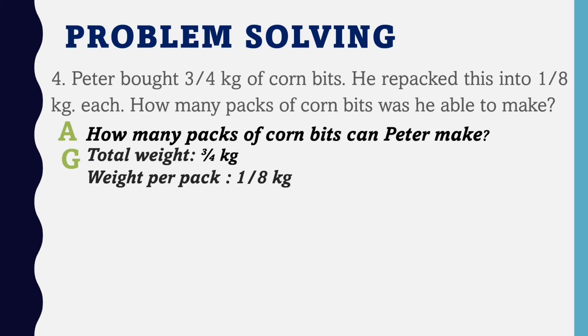For the given, the total weight is 3/4 kilogram, and the weight per pack is 1/8. Of course, our operation here is division because we are going to divide the corn beets into different packs with 1/8 kilograms as its weight.